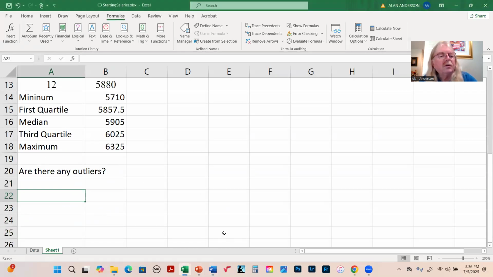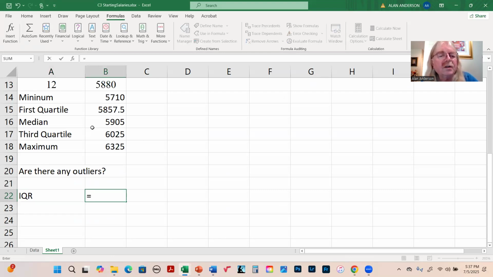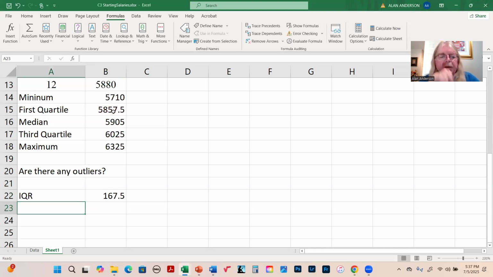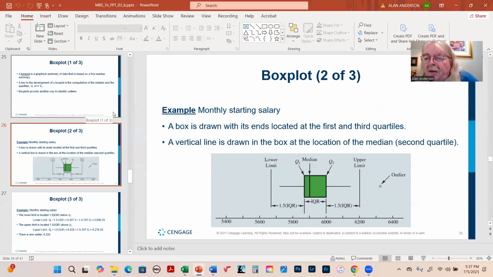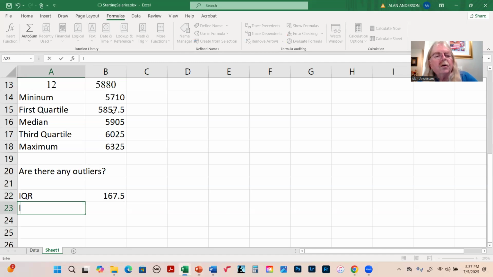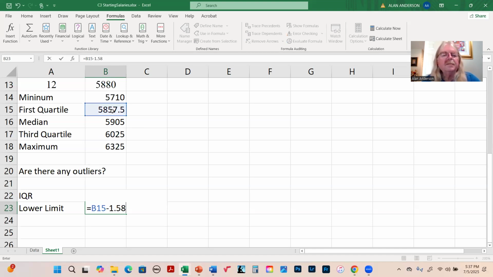First, the interquartile range is simply the difference, as we saw before, between the third and the first quartile. Now they're calling it the lower and the upper limit here. Anything above the upper limit or below the lower limit is an outlier. So the so-called lower limit is the first quartile minus 1.5 times the IQR.